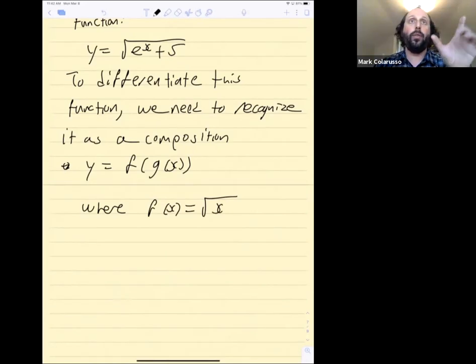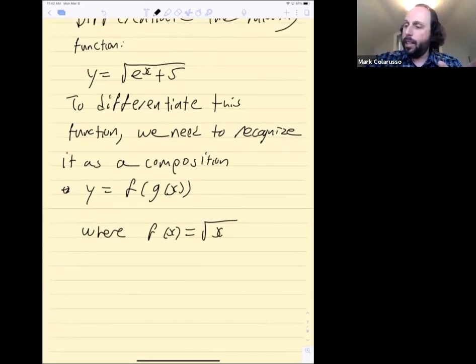If you were computing the square root of e to the x plus 5 on your calculator, the last button you'd hit is take the square root. You'd first figure out what e to the 2 plus 5 is, say, and then you would hit the square root. So the outermost operation is take the square root.